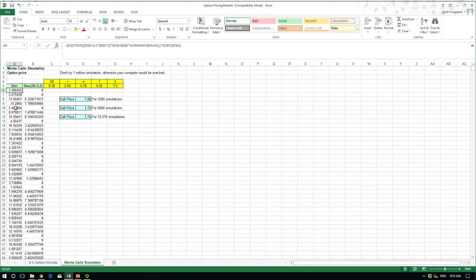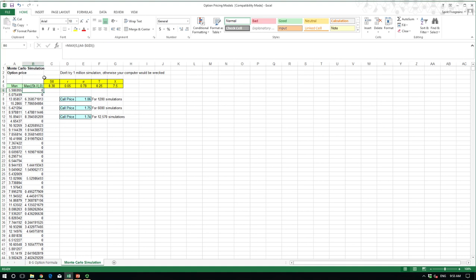And once you have future potential stock prices, then you calculate the payoff. The payoff follows a maximum function, looking at the difference between stock price and exercise price. If it's positive, we take that value. If it's negative, we take 0 because this is a maximum function.